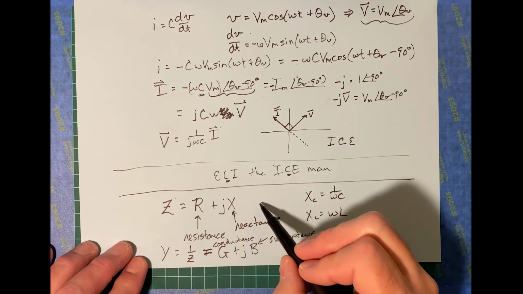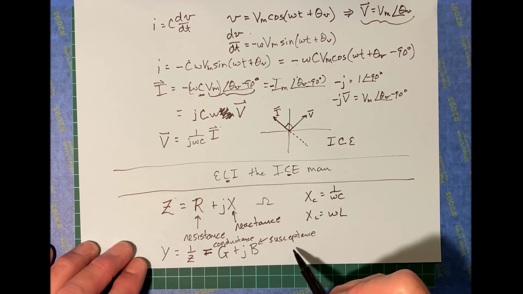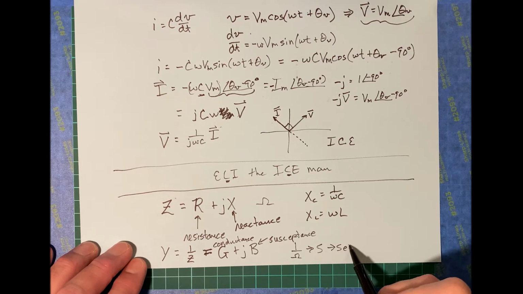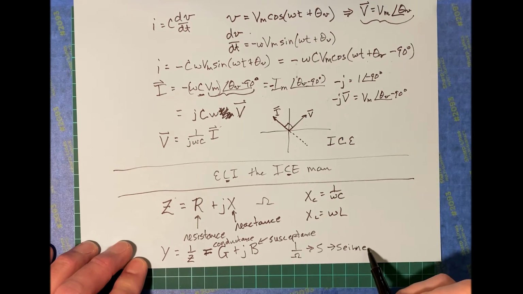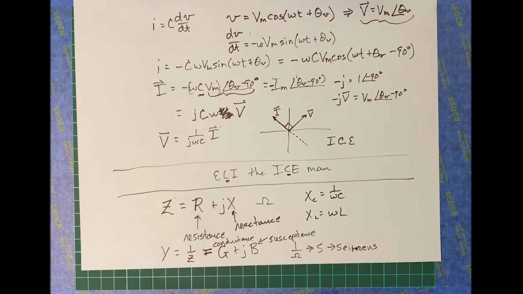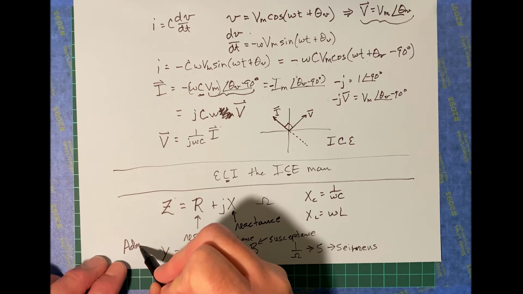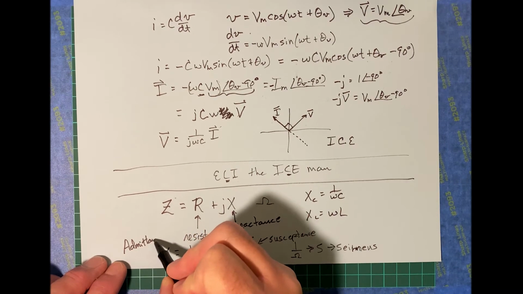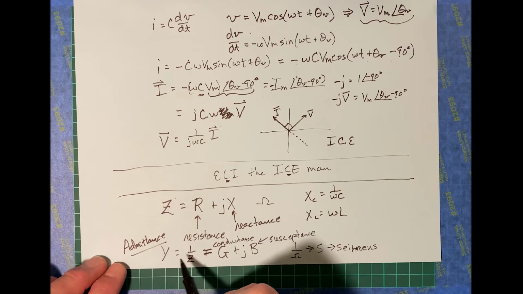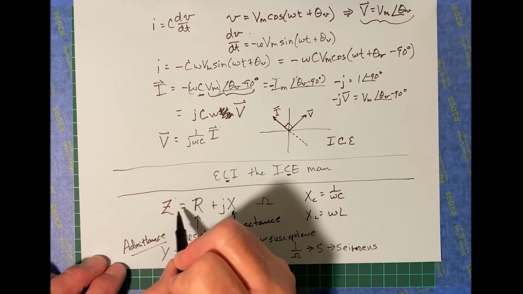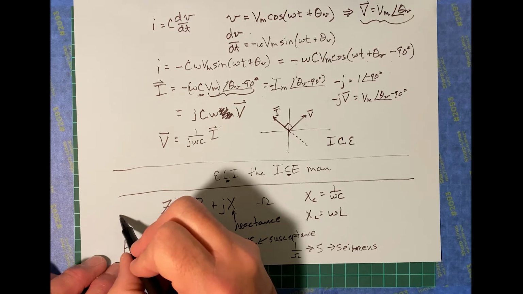And whereas Z has units of ohms, this has units of 1 over ohms, which is something that we've called S, which stands for a Siemens. Oh, by the way, this Y thing is called admittance. So admittance is the reciprocal of this one here, which is impedance.